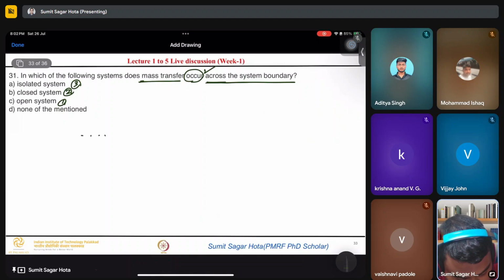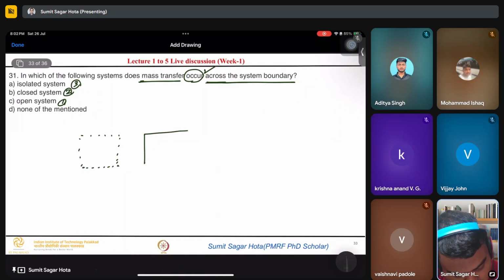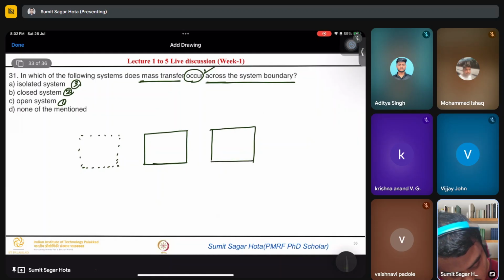This is one kind of system, and this is one kind of system. This is one more system.